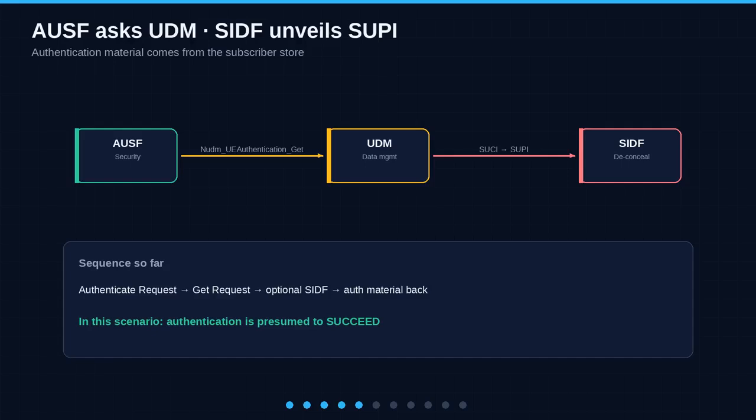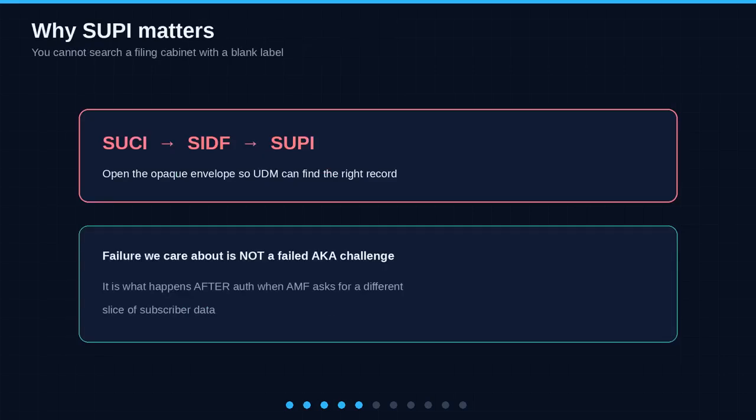Analogy. The security desk received a locker key code written in a cipher. The deconcealing function is the codebook. Without SUPI, the UDM is searching a filing cabinet with a blank label. Once SUPI is known, the UDM can return authentication-related data the AUSF needs. In the scenario we are studying, this part of the path is presumed to succeed.